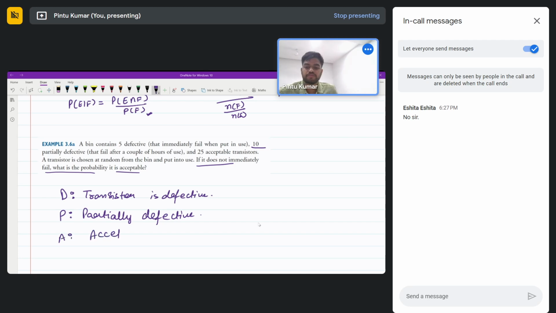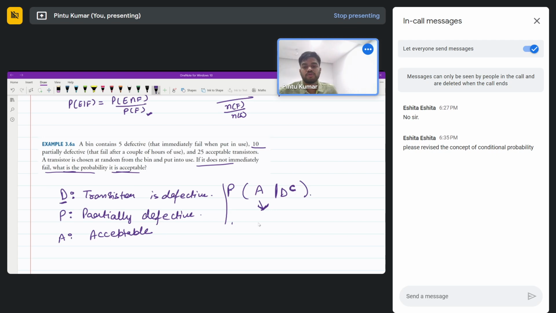Right, so now what is asked? If it does not immediately fail, it is given that it has not immediately failed. So that means the transistor is not defective. So we are given D complement. And what we have been asked is the probability that it is acceptable. So this is the quantity that we have to evaluate.